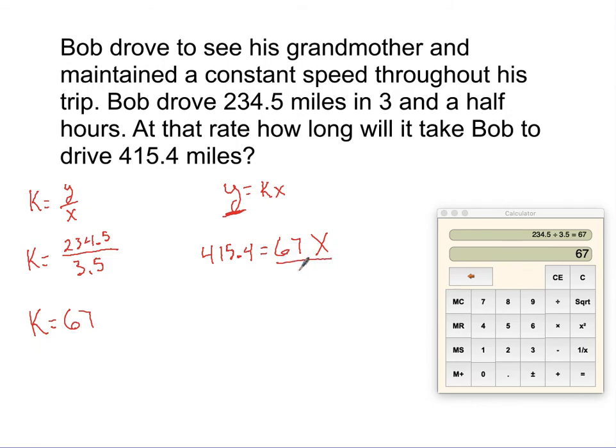So all I have to do now is divide by 67. 415.4 divided by 67 equals 6.2. So 6.2 hours to drive that far. 6.2 hours will get me all the way to Grandma's house, I guess.